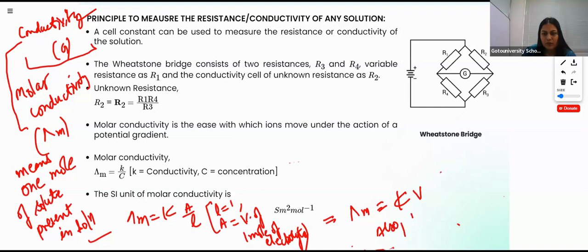Also, we know that kappa is equals to cell constant by resistance, right?